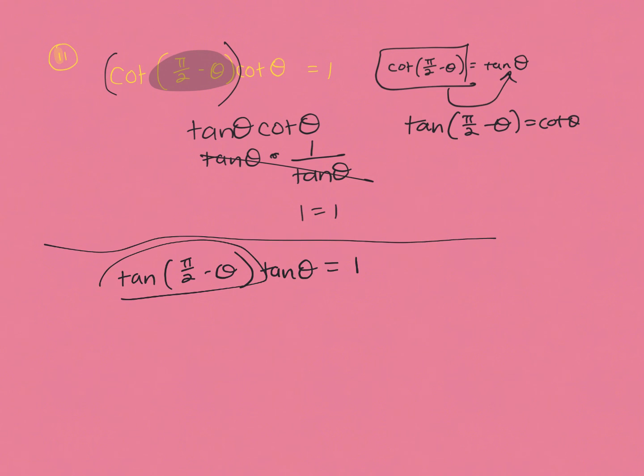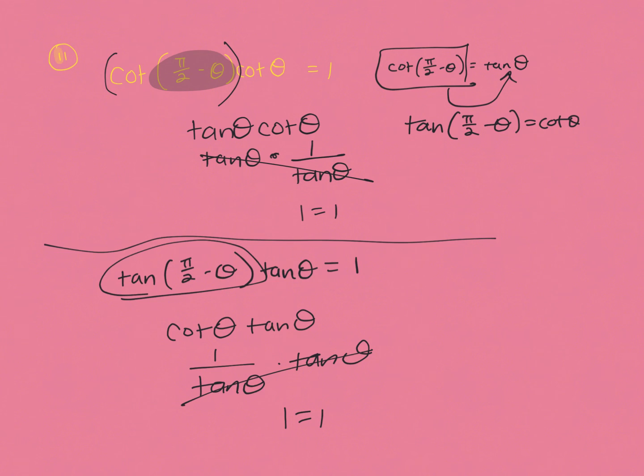So then this would get replaced with cotangent, and then this would be 1 over tangent times tangent, and it's 1 equals 1. Questions on that one? That's the only one on the homework that had the pi over 2, so I want to make sure we went over it. I think they're the most obvious because they say pi over 2 minus an angle. If you see that, go directly to your cofunctions.